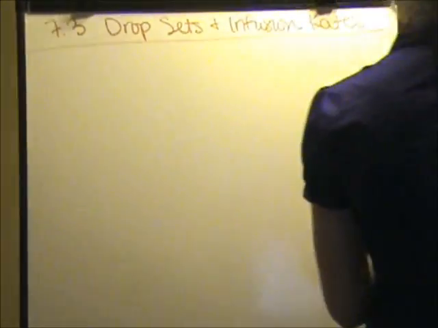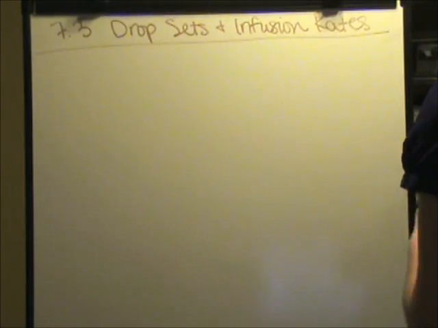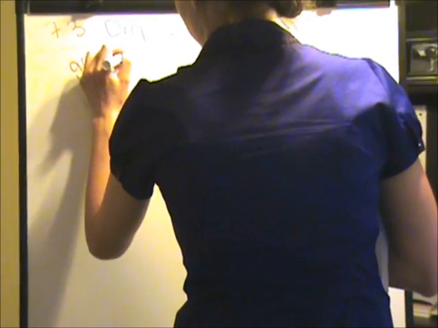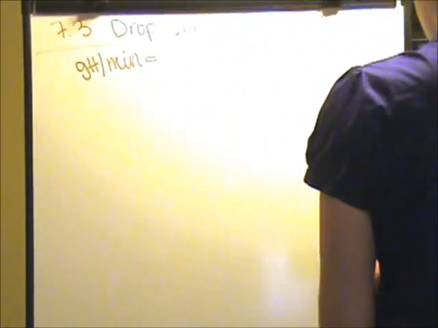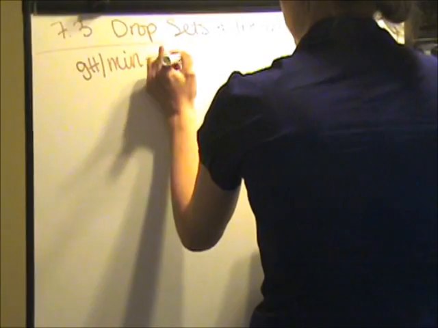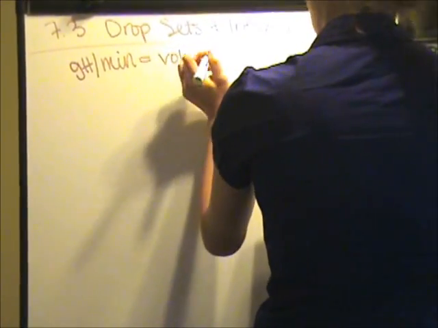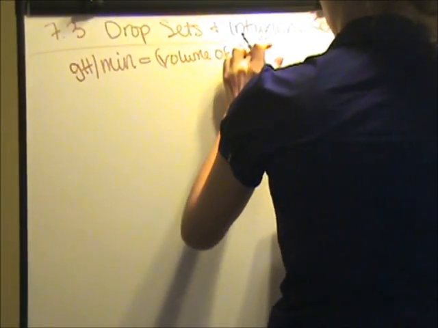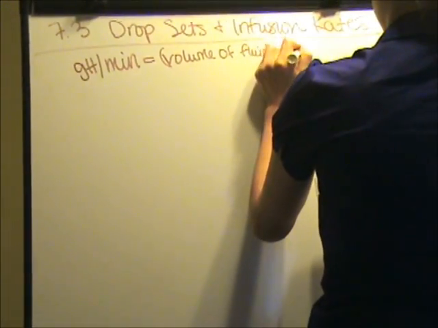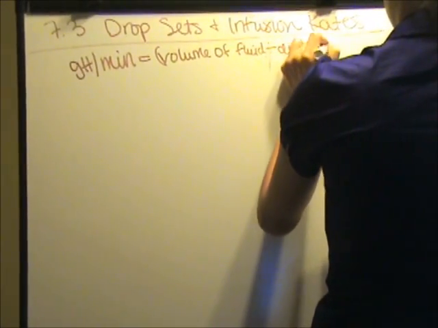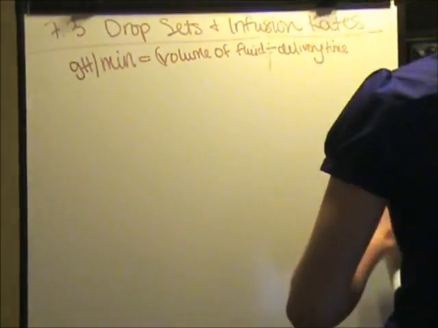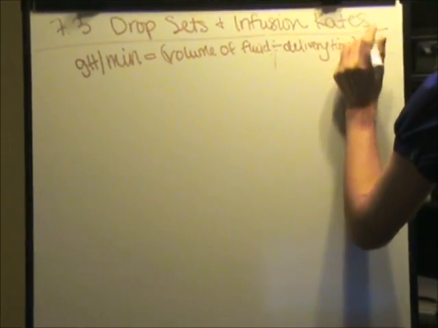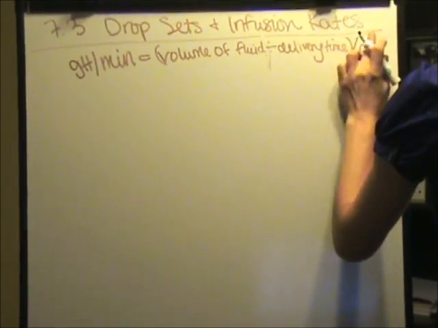I'm going to go ahead and write out the formula for calculating drops per minute. And drops per minute is calculated as the volume of fluid divided by the delivery time, times the rate of drops, or the drop set.